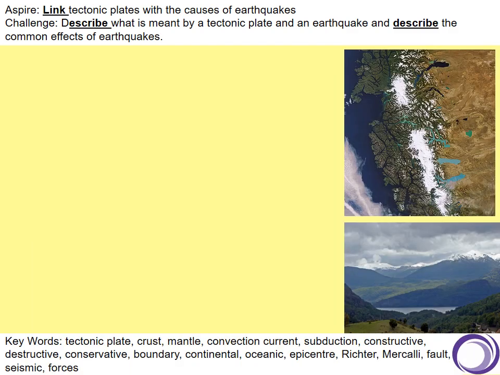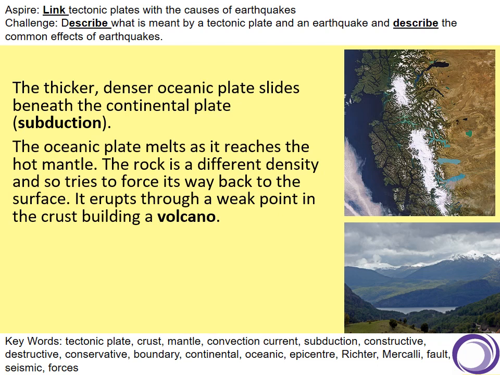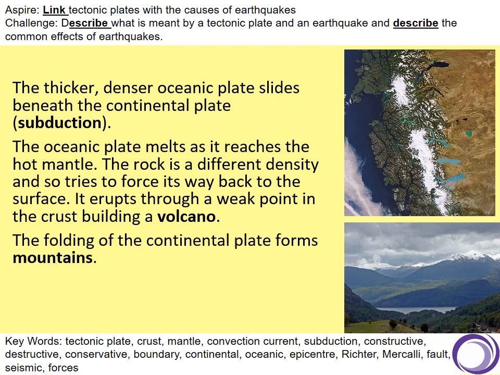This is an aerial view of the Andes, and a reminder that the thicker, denser oceanic plate, seen on the left, is moving underneath the continental plate, seen on the right, and this is called a subduction zone. When that plate gets forced down, it reaches the hot mantle. The rock is a very different density and tries to force its way back up to the surface, and it often erupts through a weak point in the crust, building a volcano.